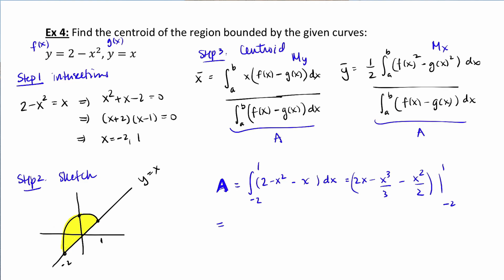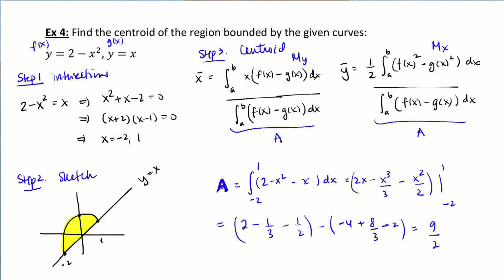So if I plug in 1, I get 2 minus 1/3 minus 1/2. And then when I substitute -2, I get -4. And then -2 cubed, you get -8. So plus 8 over 3 minus 4, divided by 2, which is just 2. So I get 2 minus 1/3 minus 1/2, plus 4 minus 8 over 3 plus 2, I get 9 over 2.